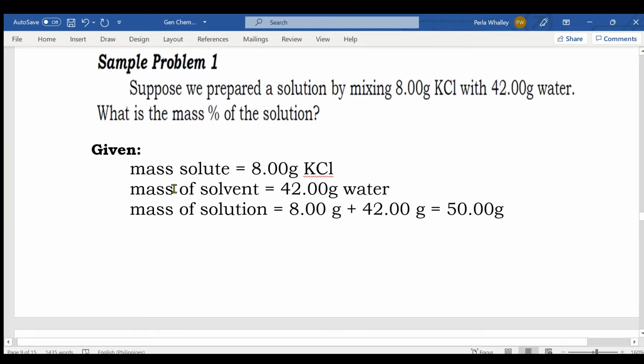Given: mass of solute is 8.0 grams KCl, mass of solvent is 42.00 grams water. Mass of solution: we add 8.0 grams of potassium chloride and 42.00 grams of water. 8 plus 42 is equal to 50.00 grams.